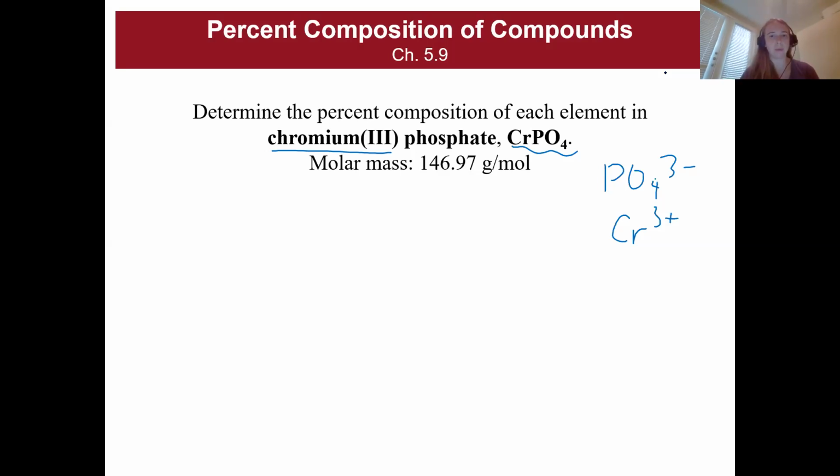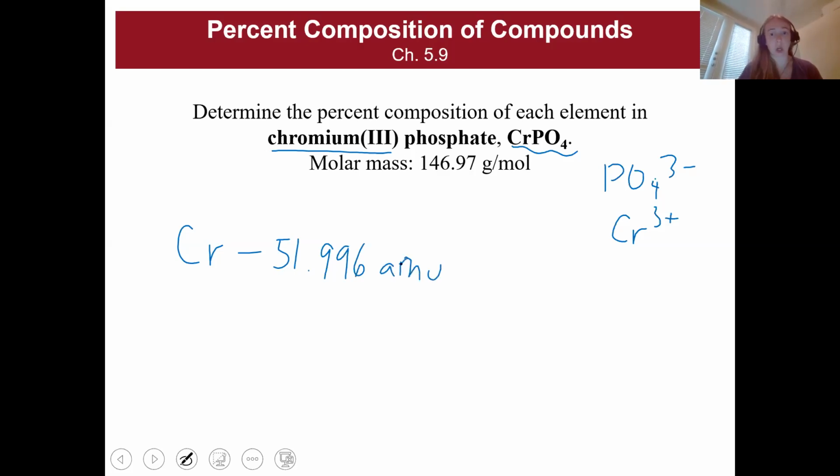So chromium is number 24 on the periodic table, and chromium has an atomic mass of 51.996 AMUs per atom.